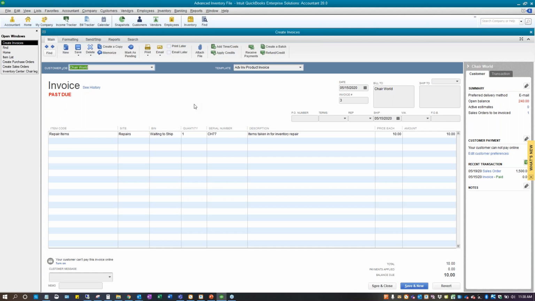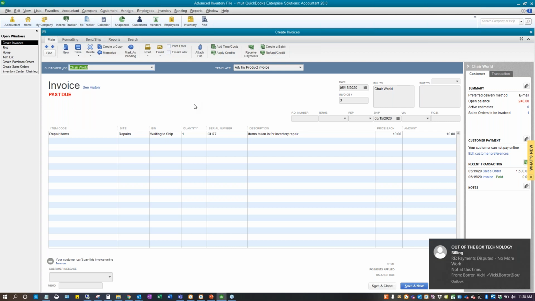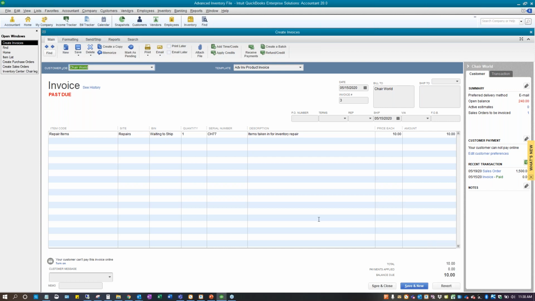So now I'm going to take that chair that I took into inventory of theirs, and this is more for bigger cost items, things like that, that you want to track, especially if there was a fire or something like that. But now I can get that repair item out of my inventory and at the same time invoice them for the labor of that chair. So all of those pieces are put back together. It's a great way to track all of that kind of thing.